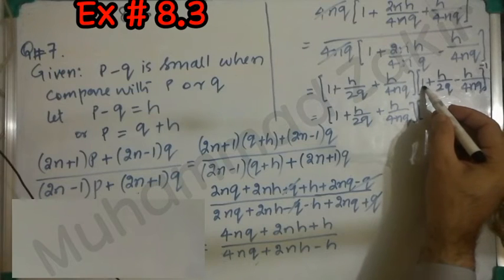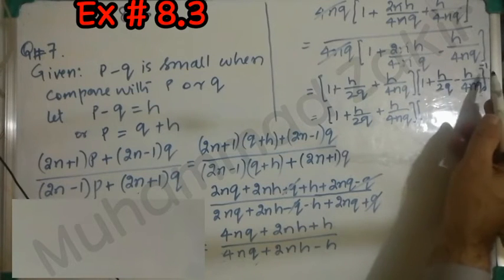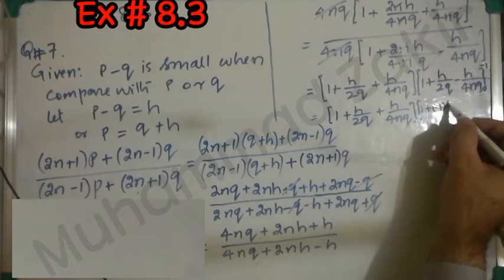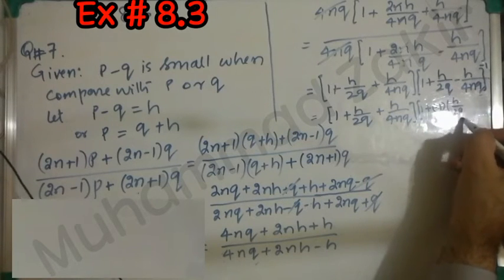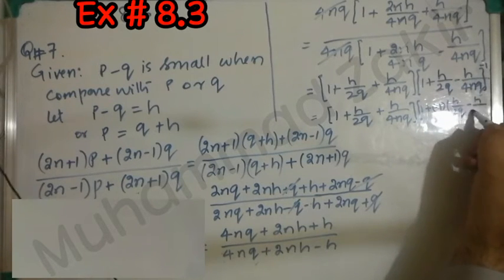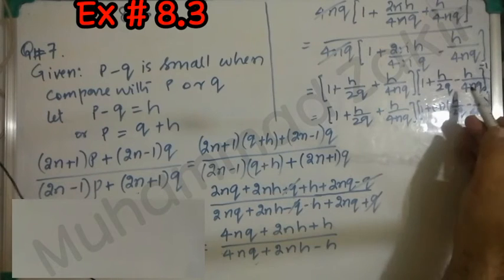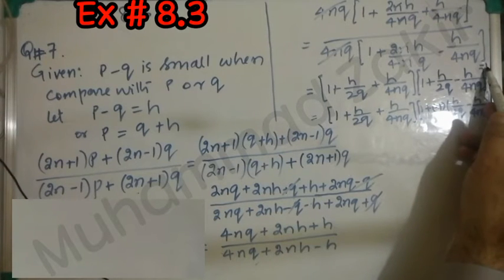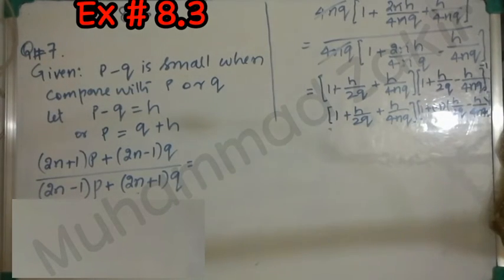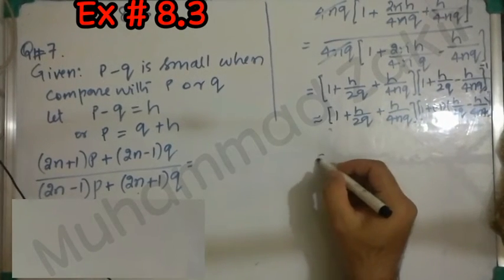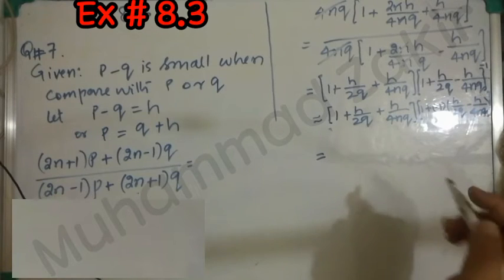How will we expand? 1 plus x raised to power n is written as 1 plus nx. 1 plus nx we have to write. And then the rest of the values, we know that it has infinite terms because of the minus 1 power. We will have here an approximation sign, and this will be approximately equal. We don't reduce anything, it will be approximate.